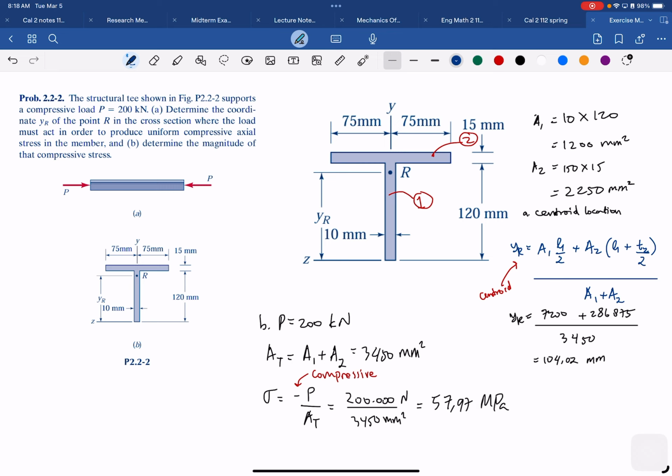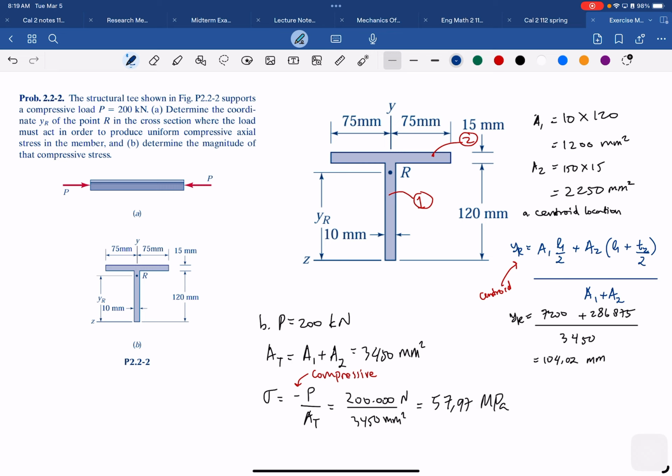Let's say we take this as 1 and that part is 2. This YR, if we multiply it by the whole area, is equal to the area A1 multiplied by half of its height, because that is the center of area for rectangle 1 is here.